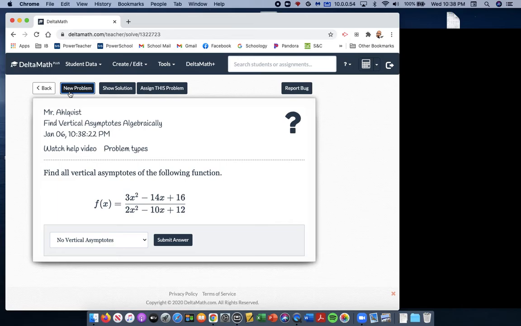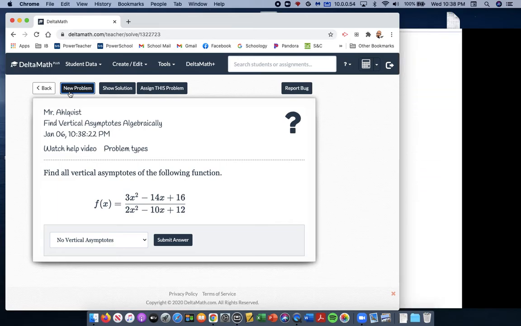So if I write it out, I've got f of x equal to 3x squared minus 14x plus 16 over 2x squared minus 10x plus 12.